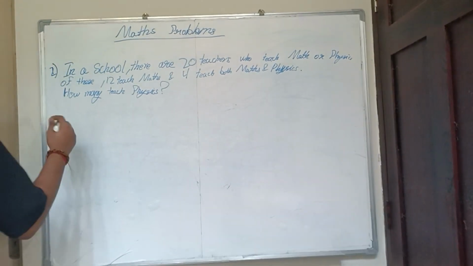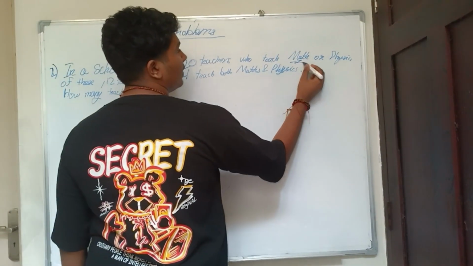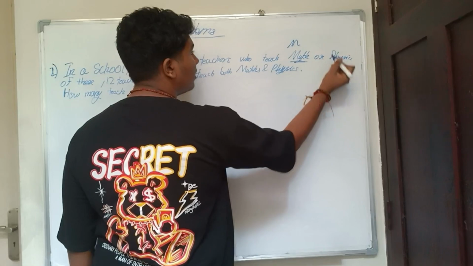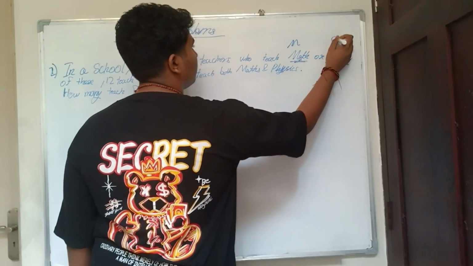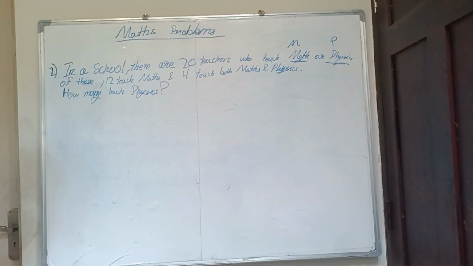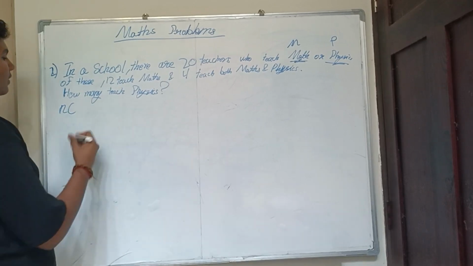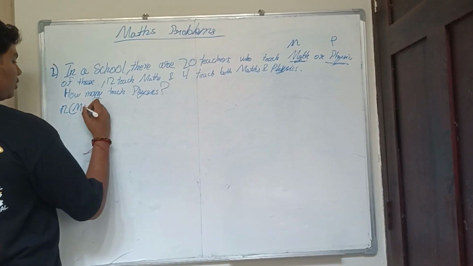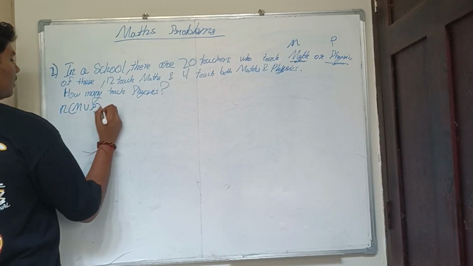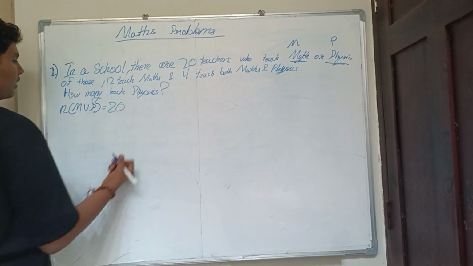Let's take M as maths teachers and P as physics teachers. So the number of elements of M union P is 20, right?